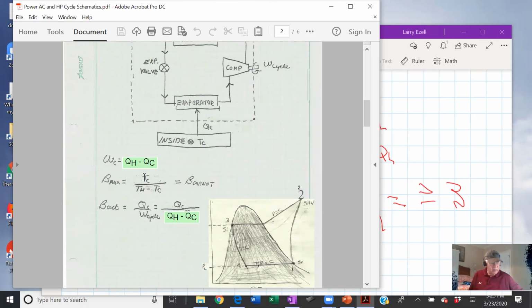Then divide it by 1.8, that's about 25 degrees C. Okay, that's TC. TH is outside at 100 degrees Fahrenheit. That's 78 divided by 1.8. That's about 40.